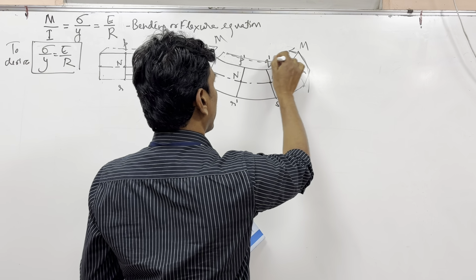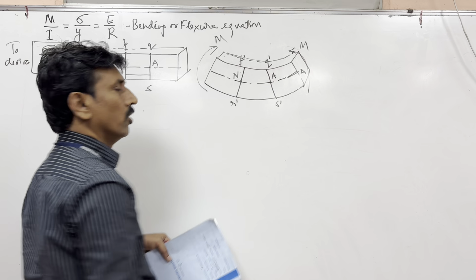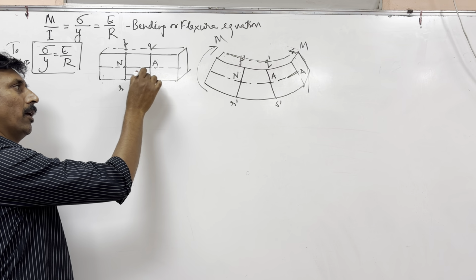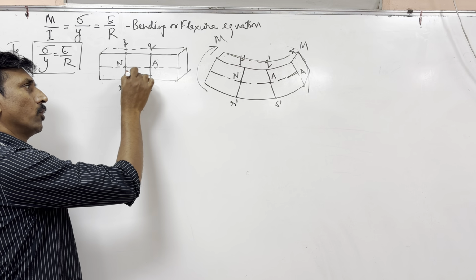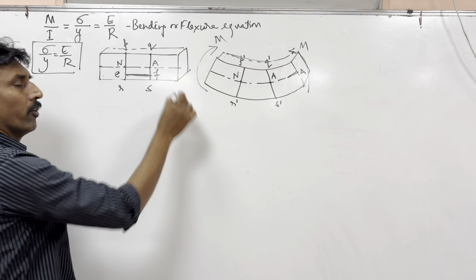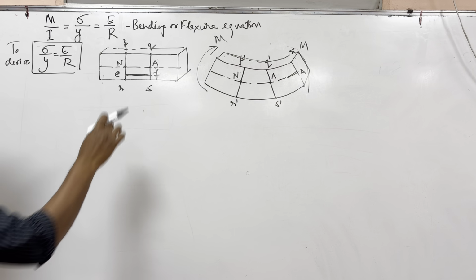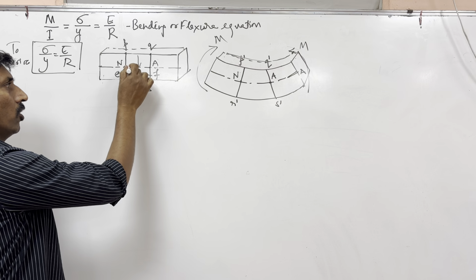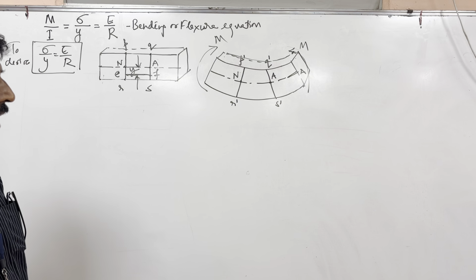I'm considering a metal in this plane, which you can call a fiber. I'll name this EF. This is at a distance y from the neutral axis.